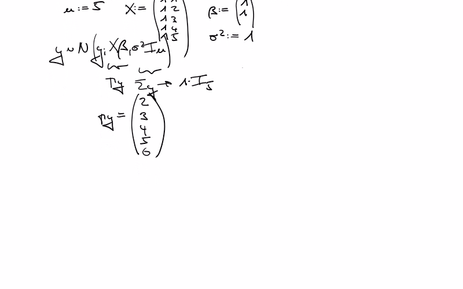And now you can again view sampling the individual components by sampling as we just discussed. So yi is univariate normal with variance 1.